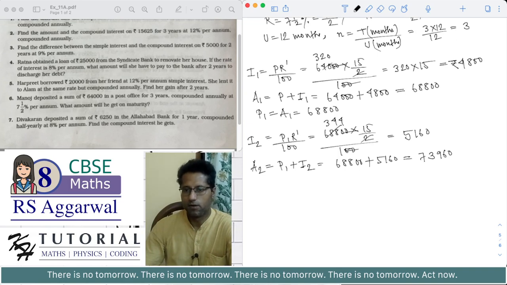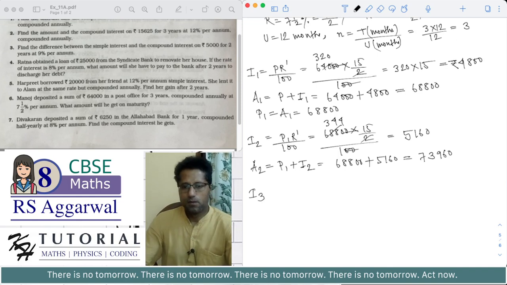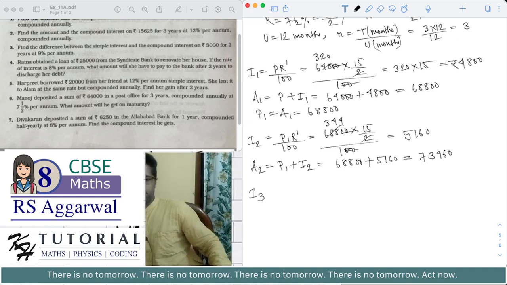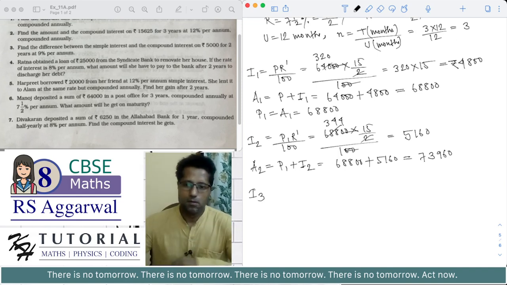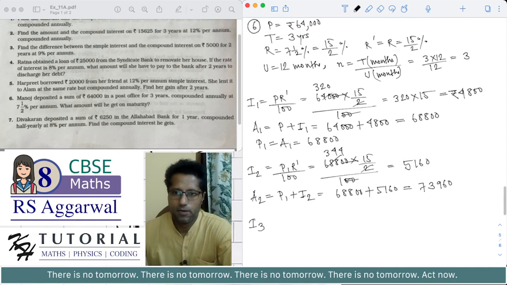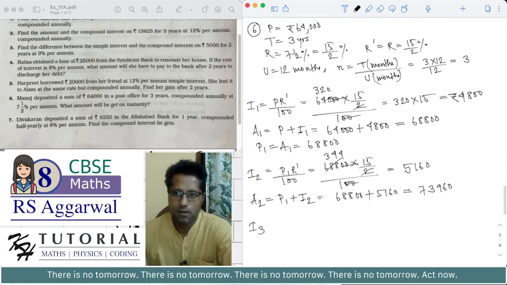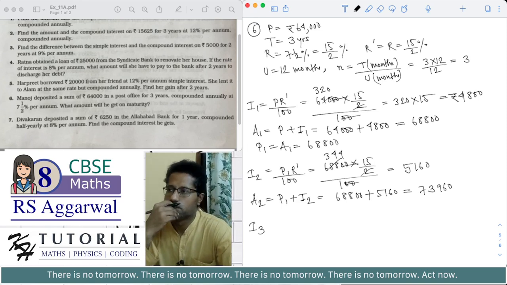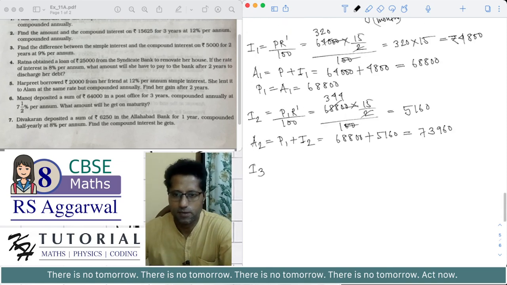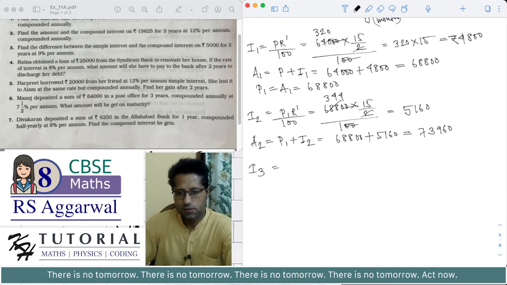That is, at the end of the third year. Yes, we have to calculate I3. So I3 is P2 R dash by 100.